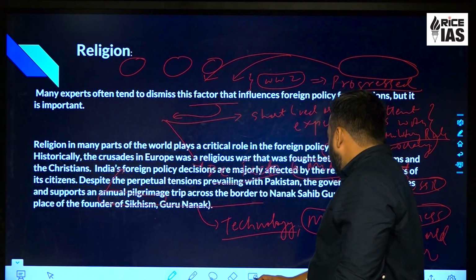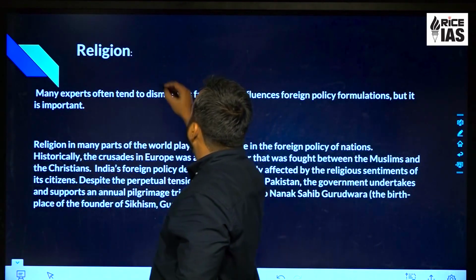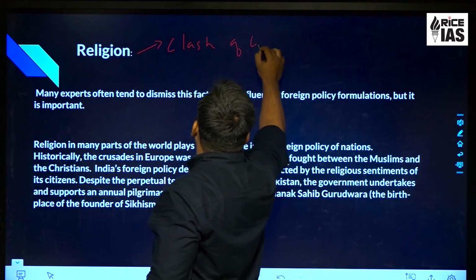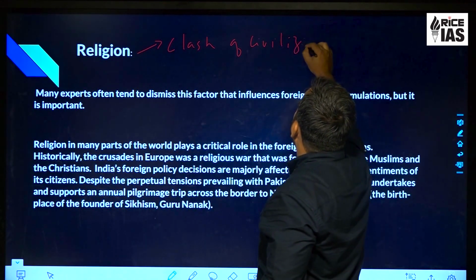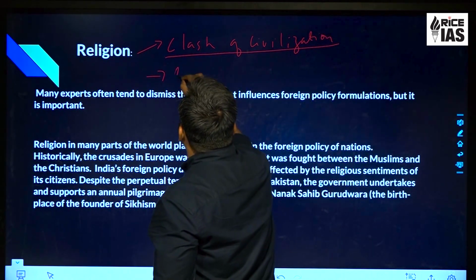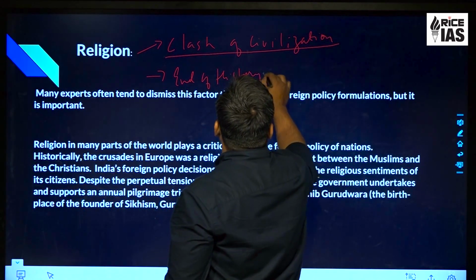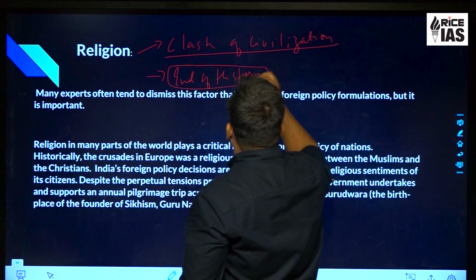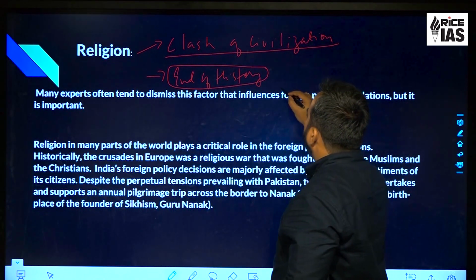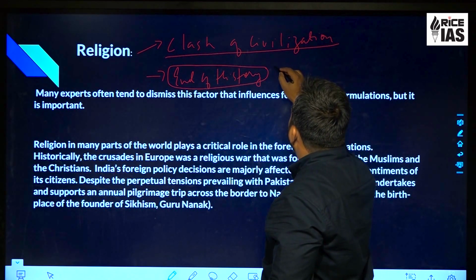Religion. This reminds us of the clash of civilizations, after the end of history. End of history is an ideological positioning done by Francis Fukuyama and other American scholars.